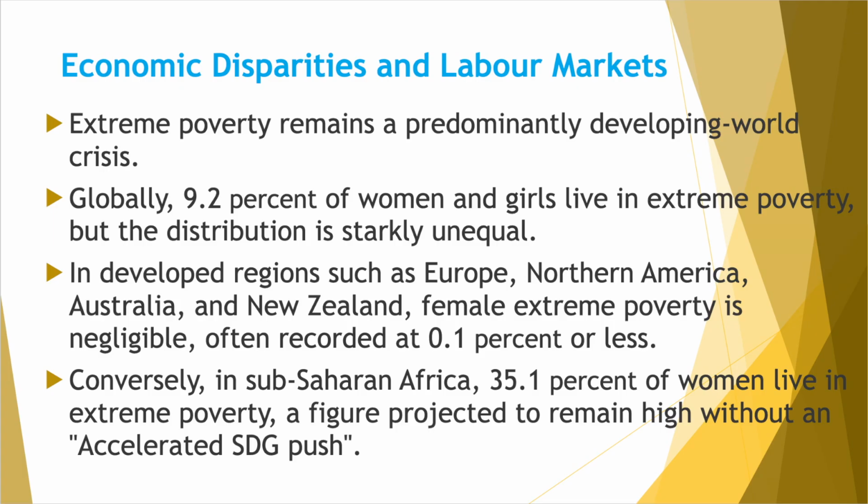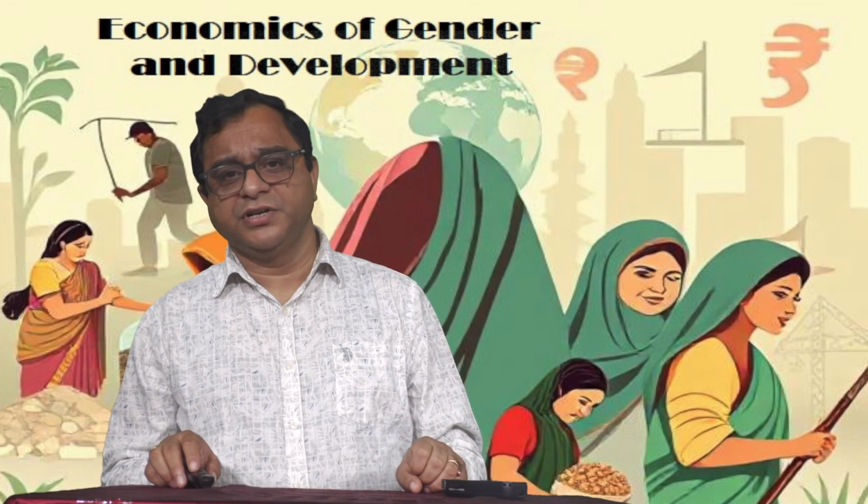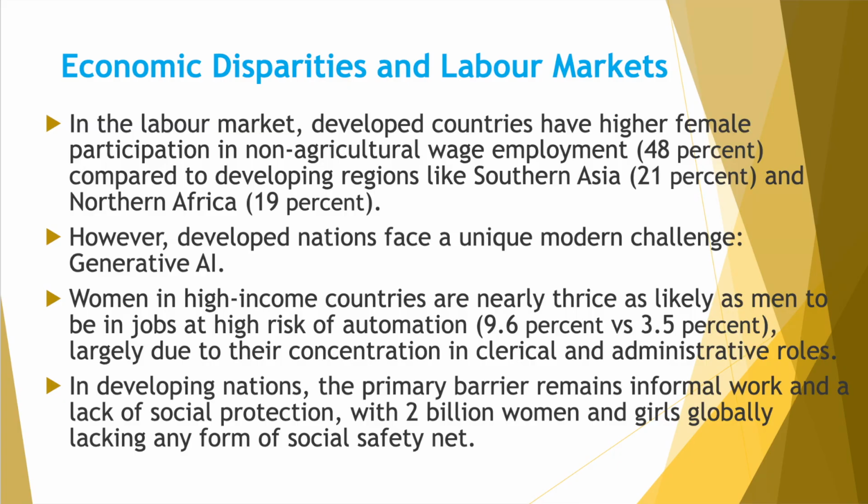Conversely, in sub-Saharan Africa, 35.1% of women live in extreme poverty, a figure projected to remain higher without an accelerated SDG push. And in the labor market, developed countries have higher female participation in non-agricultural wage employment, 48%, compared to developing regions like Southern Asia, 21%, and Northern Africa, 19%.